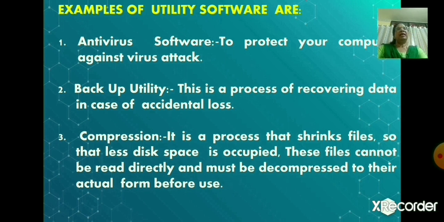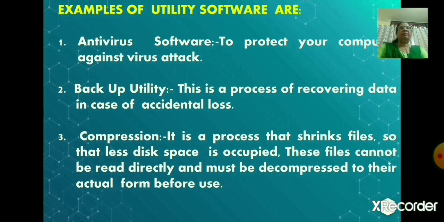The second one is backup utility. This is the process of recovering data in case of accidental loss. All of you know that we can take the backup, and we can recover the data also with the help of this utility software. That means all the utility software is present in your computer, right? Now compression means what?